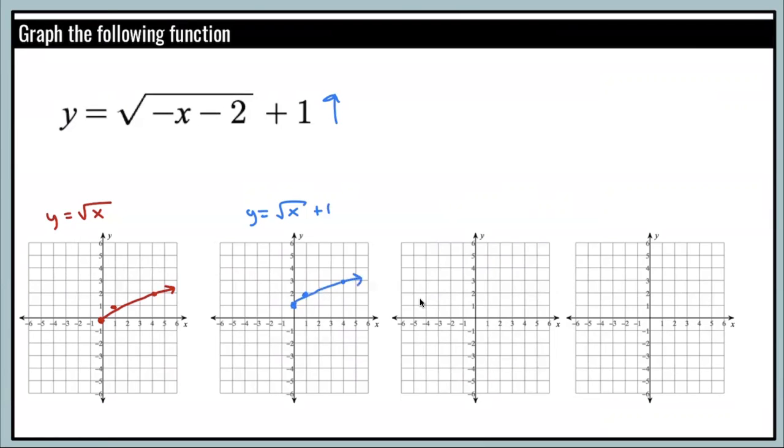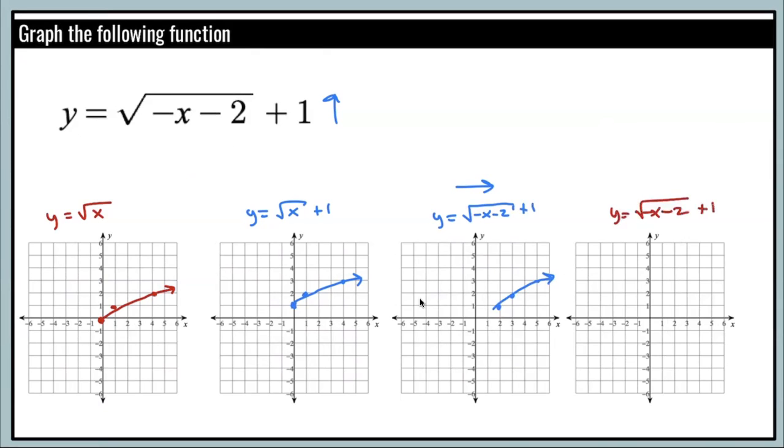Right, we're now gonna do y equals square root of (x minus 2) plus 1. So now we're gonna go to the right 2. So plus 2, we're gonna start here, up one over 1, and then like this. All right, so what you're gonna notice is for the last one, we have to reflect y equals square root of (negative x minus 2) plus 1.